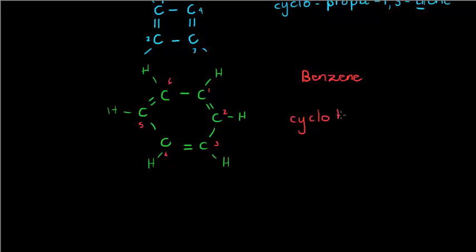There are 6, so it's hexa. And then our numbers 1, 3, and 5. Look how they're on the odd numbers. 1, 3, and 5. Triene. That would be cyclohexa-1,3,5-triene, which is benzene.